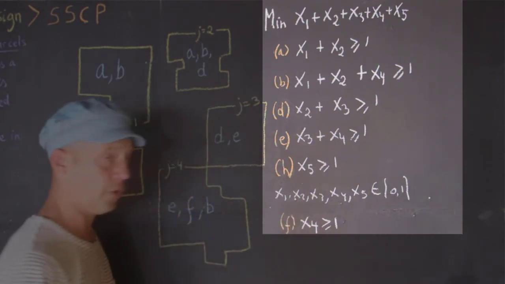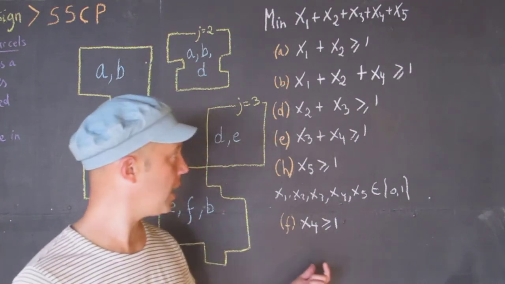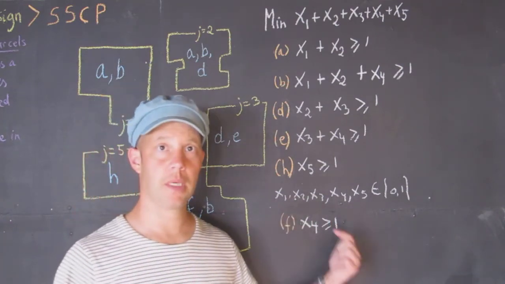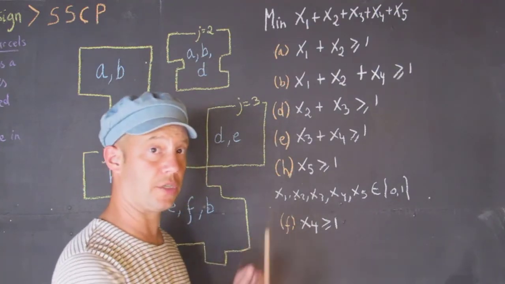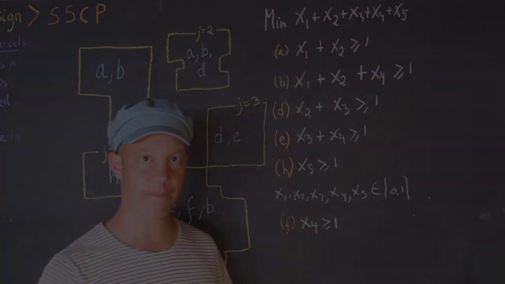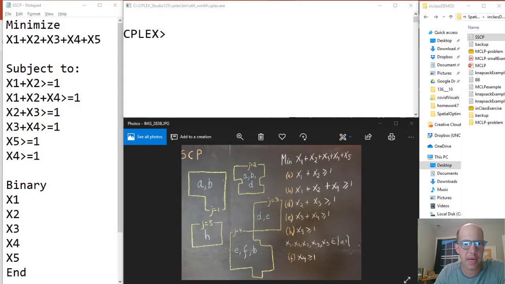Okay, now we're going to see how we can solve this problem in Cplex. How many of these parcels do we need in order to preserve the system? I will now show the solution in Cplex.